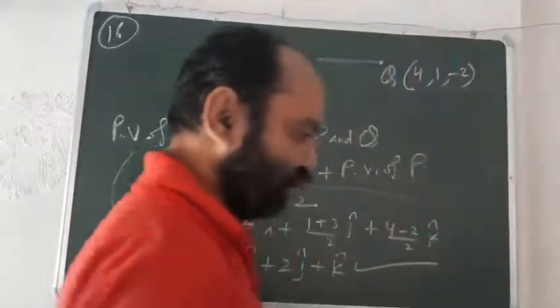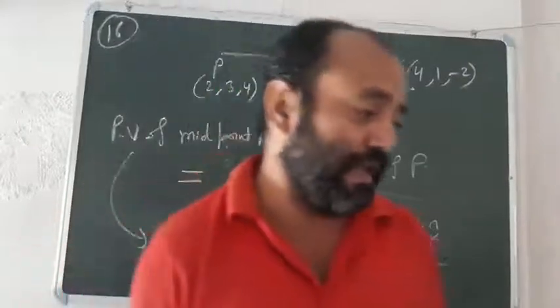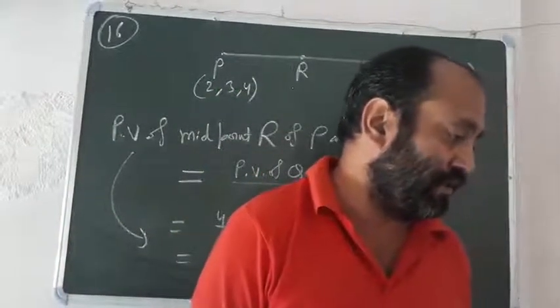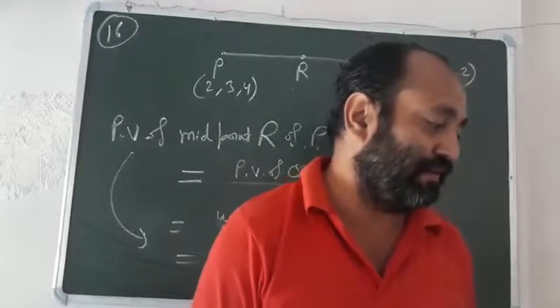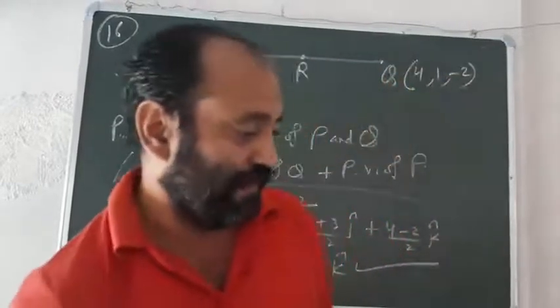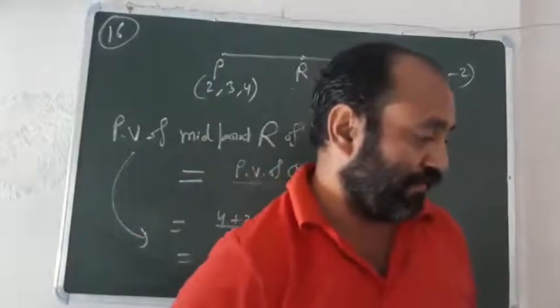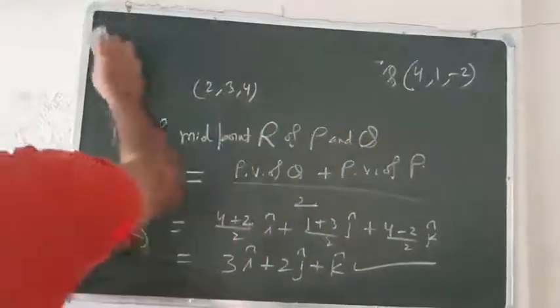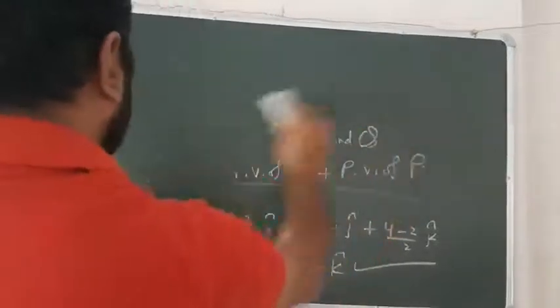Next question, question number 17. You have to show that the points A, B and C, with position vectors a, b and c respectively, form the vertices of a right angled triangle.